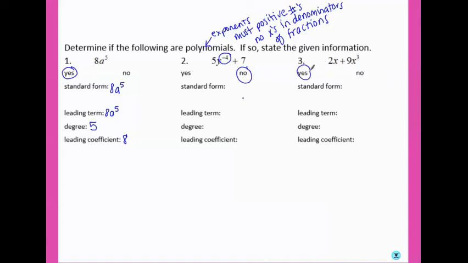Yes, this is a polynomial because it has a positive exponent. This one technically has an exponent of 1. Standard form, we want the highest exponent to come first. So 9x cubed plus 2x, which makes our leading term 9x cubed. The degree would be 3, and the leading coefficient would be 9.